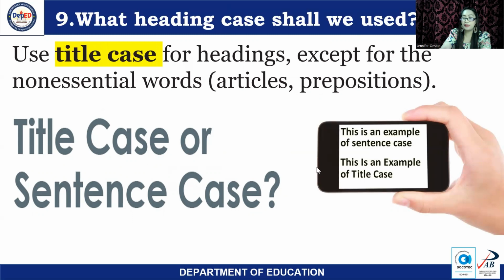This is an example of sentence case, the first one. This is the sentence case, and this is the title case. So when we write a heading, we use the title case.